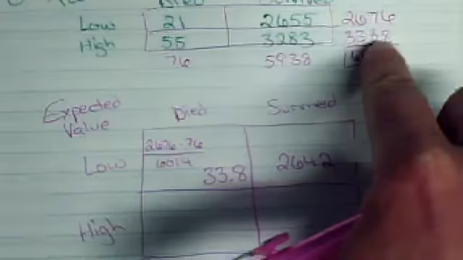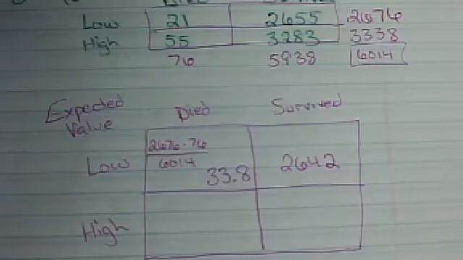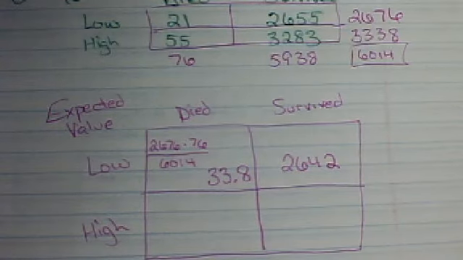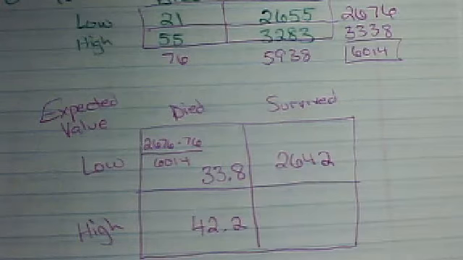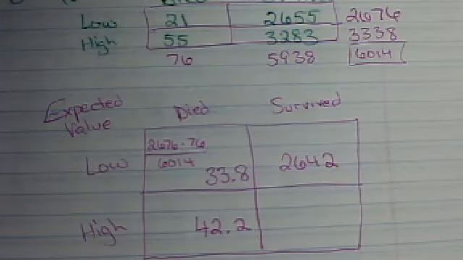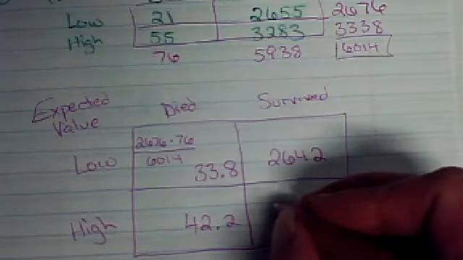And this one's going to be row, column, total. And then 3338 times 5938 divided by 6014. So row total, column total, divided by your overall total.